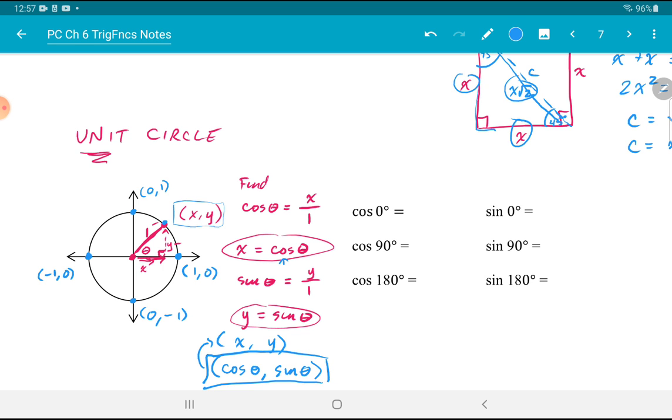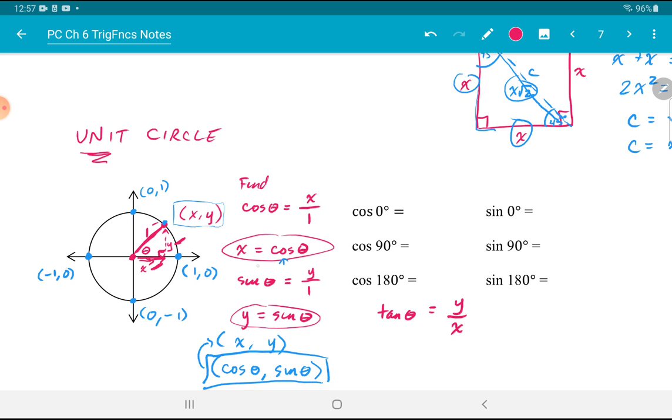Now, in addition to cosine and sine, we could also find another trig ratio. If you recall, the other trig ratio was tangent. And if we want to find tangent of theta, remember that tangent represents opposite over adjacent. Opposite of the angle theta would be y, and adjacent of that angle theta would be x. So tangent of theta is the same as y over x.